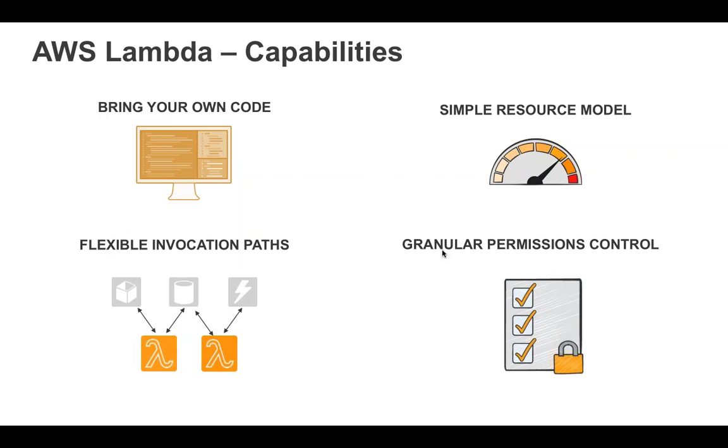Next is invocation paths. You can use events to kick off Lambda functions, or you can use a scheduling or time-based approach to invoke functions. Finally, really granular permissions control. Integration with AWS Identity and Access Management, you have fine-grained control over your Lambda functions, how they run, where they run, etc.